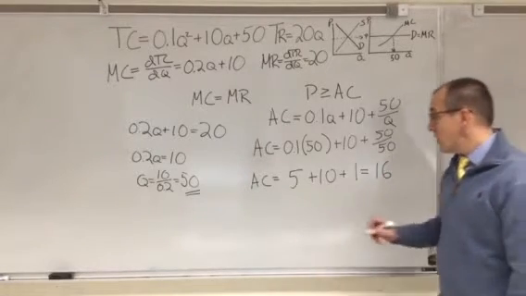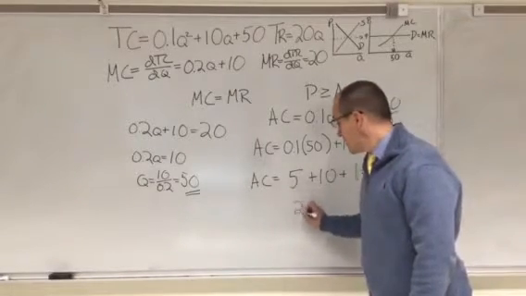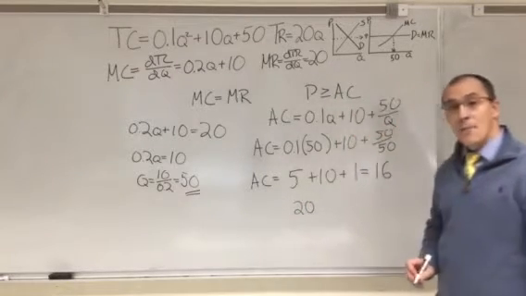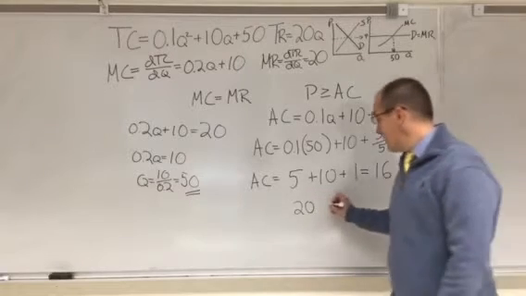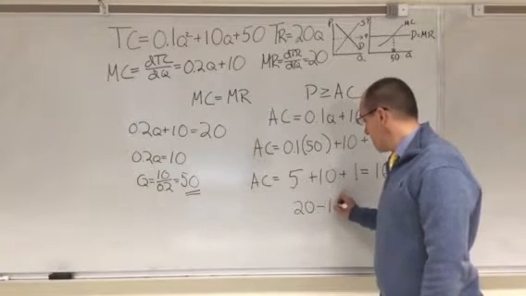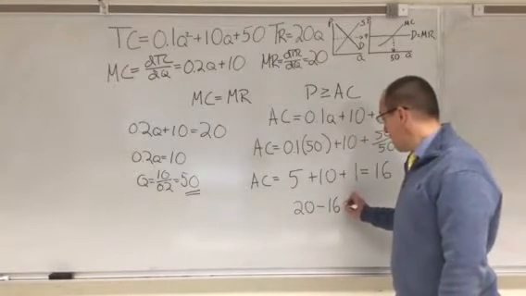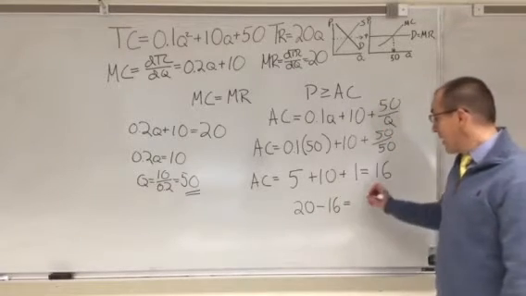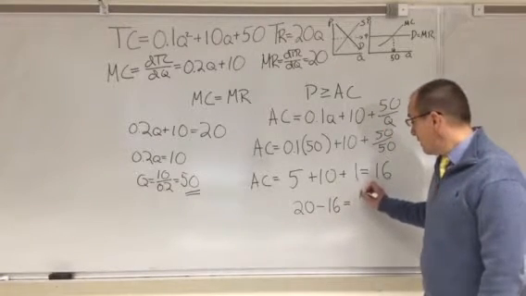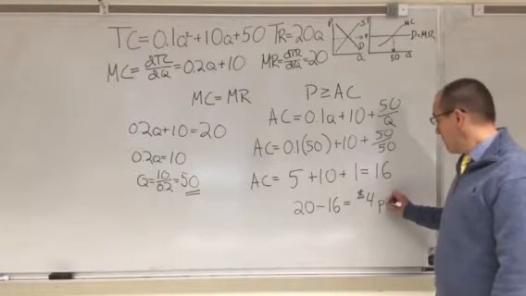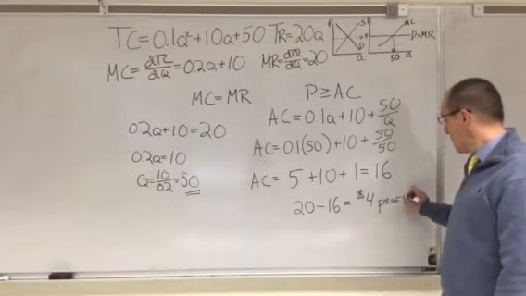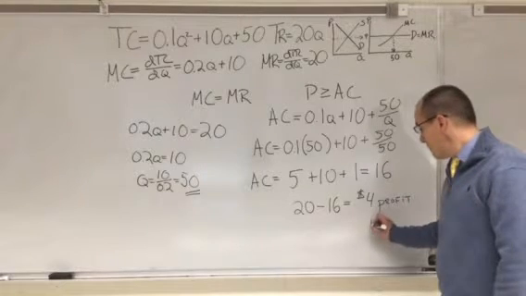Now, since I know that my price is 20 and my average cost is 16, this will let me know that I am getting a profit of $4 per unit.